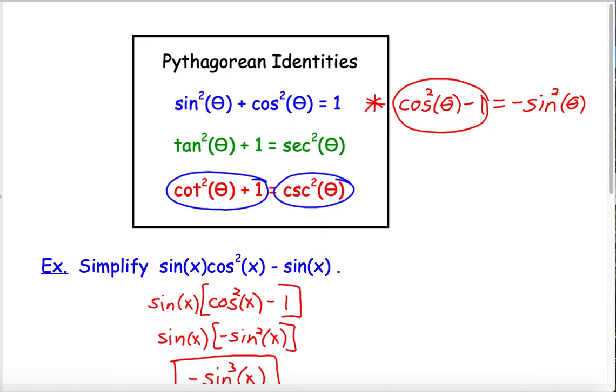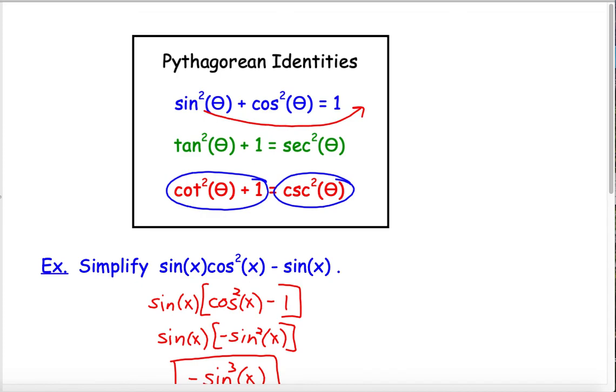Let's go back here and look at this first Pythagorean identity. If I move the sine squared to the other side, I'm going to have cosine squared is equal to 1 minus sine squared.